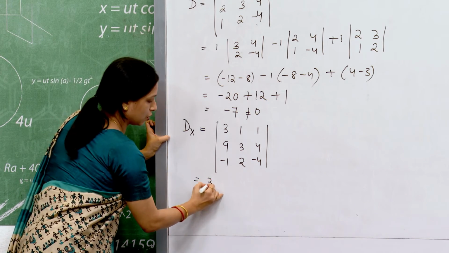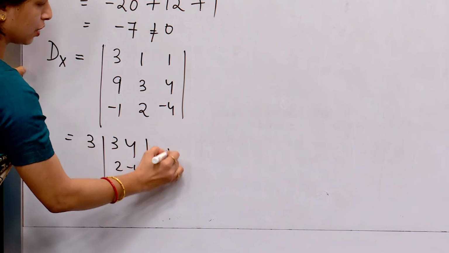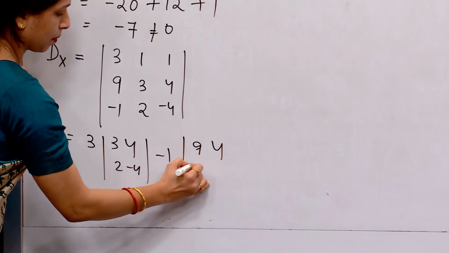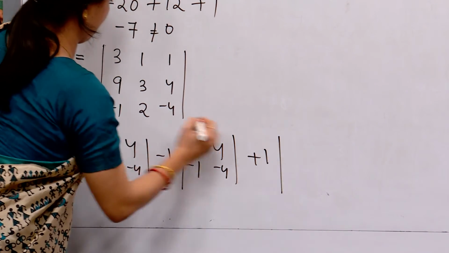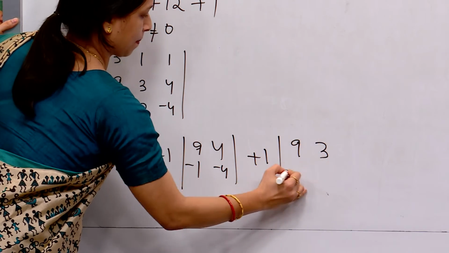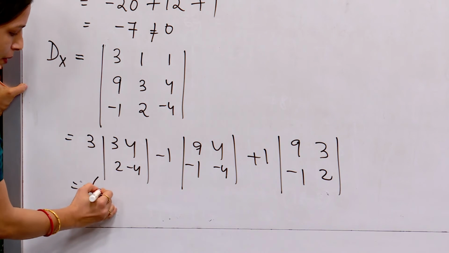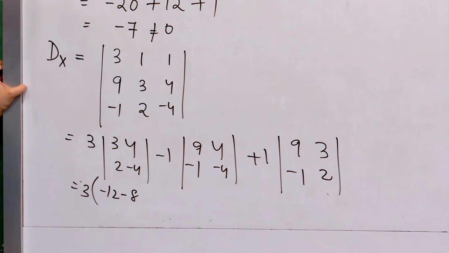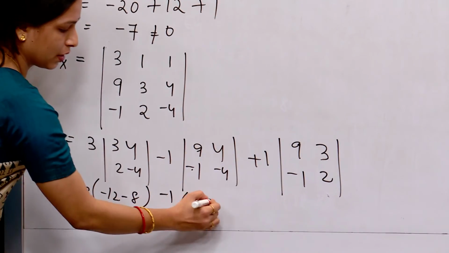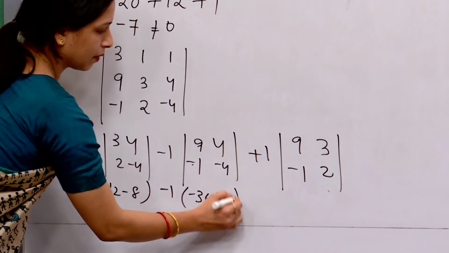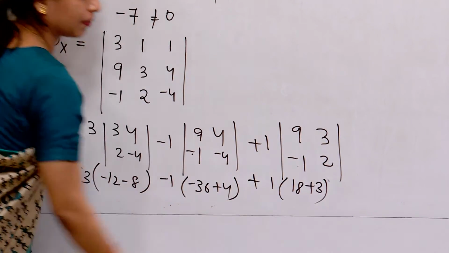So, 3, right, then minus 1, right, and then, okay. So, here we get 3 into minus 12 minus 8, right, minus 1 here minus 36 minus into minus, so it becomes plus 4, right, and here 1 into 18 minus minus 3 means plus 3, right.